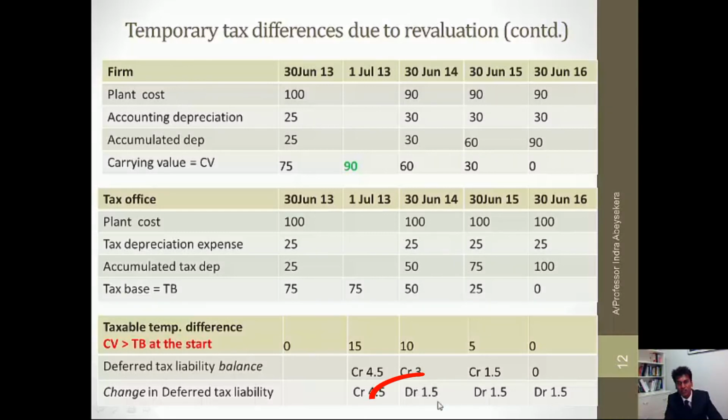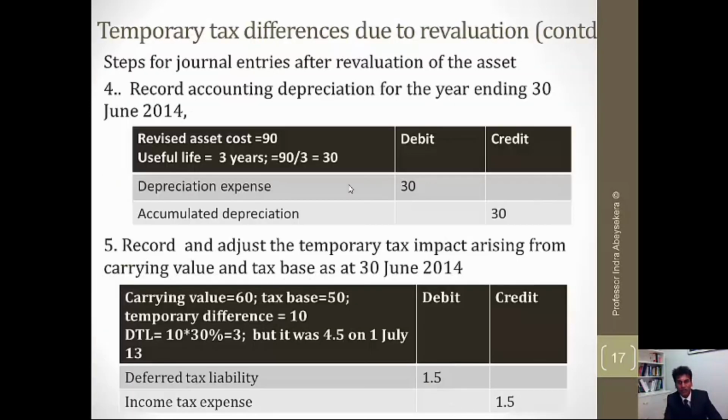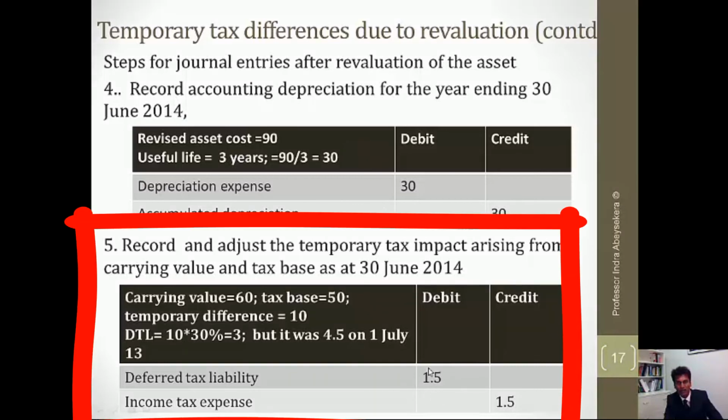We need to decrease the deferred tax liability by 1.5. We can work that out by looking at the previous entry. This is the entry for the deferred tax liability: debit deferred tax liability 1.5 and credit income tax expense 1.5.